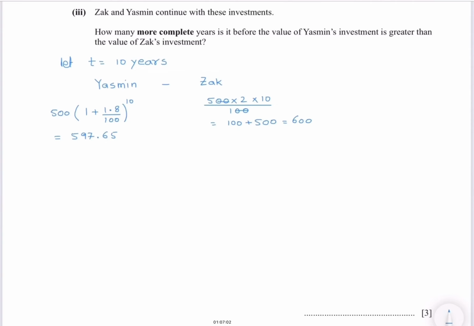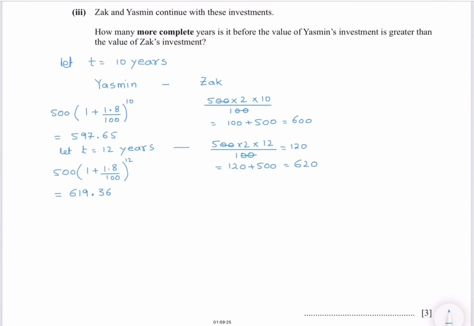So now try 12 years. So put 12 in n, 619, and now 12 in t. So you got 620. Yasmin is still behind. So now work 1 year more, 13.